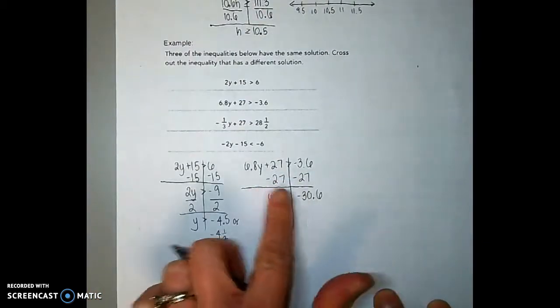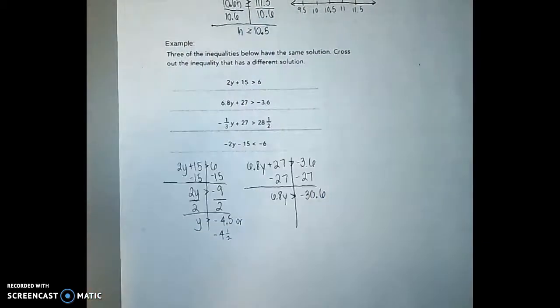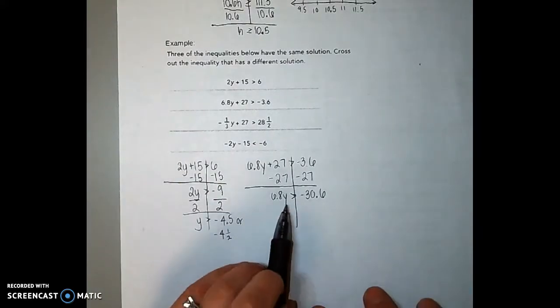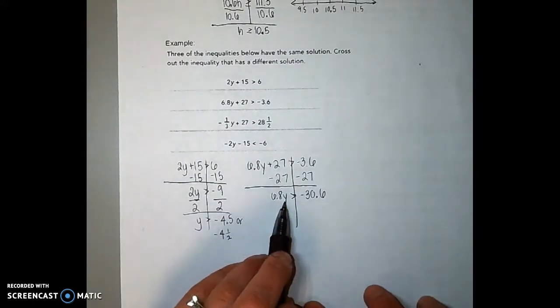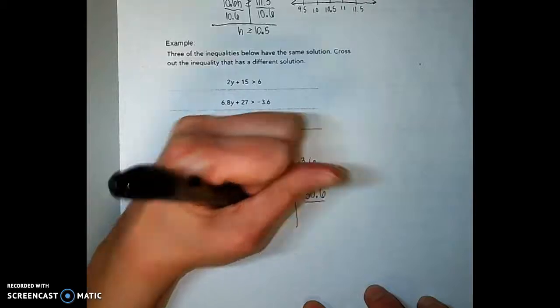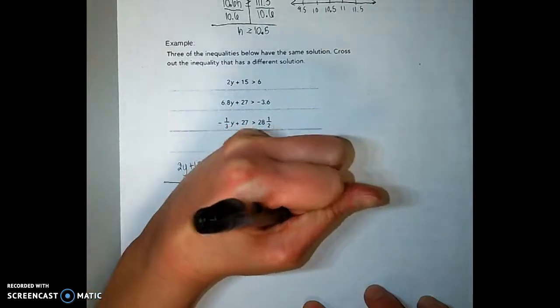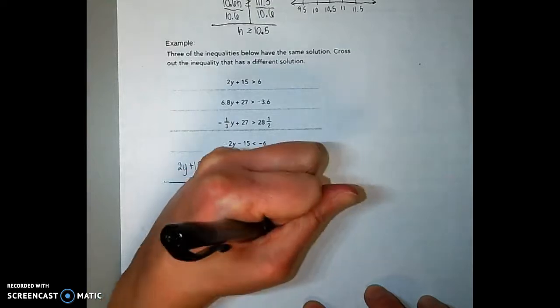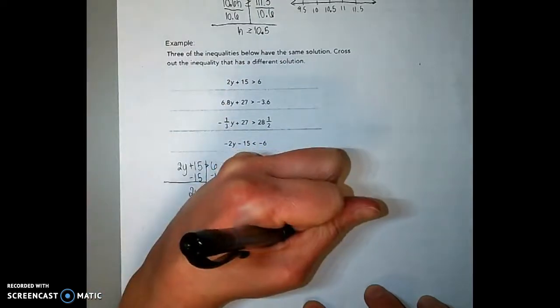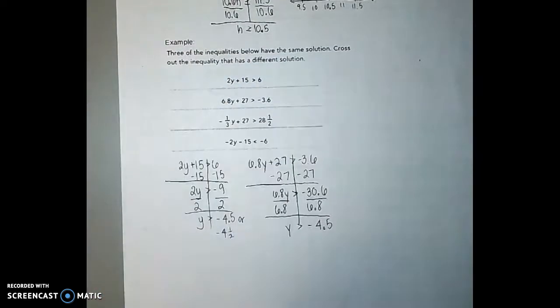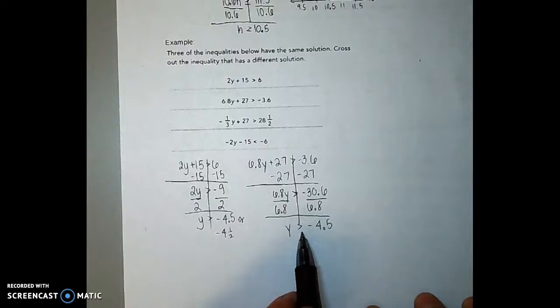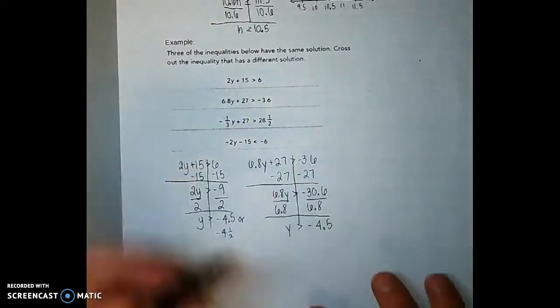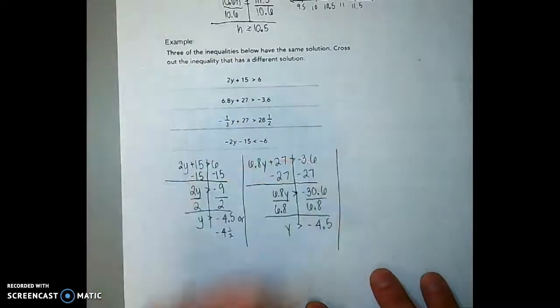Now again, notice I didn't multiply or divide by a negative, so my sign stays greater than. So now to get y by itself, notice I have 6.8 times y, so I have to get rid of that by dividing. When I divide by 6.8, that gives me y is greater than negative 4.5. So same thing as last time. Now keep in mind here that again I did not flip my sign because I did not divide by a negative. Okay, so now we're ready to move on to number 3.